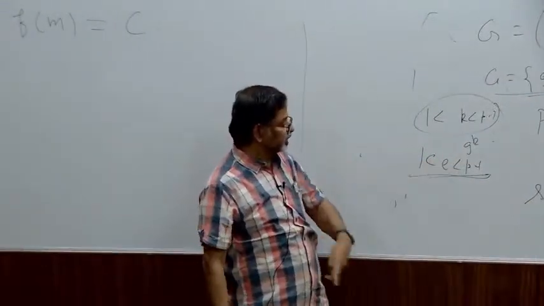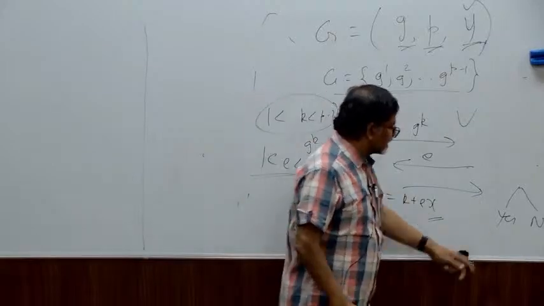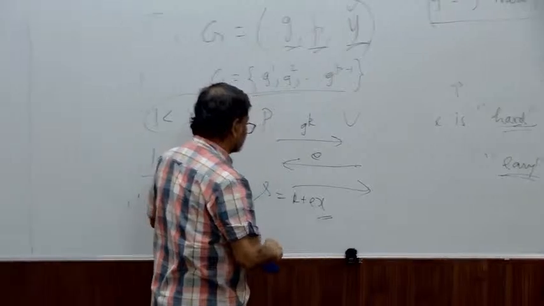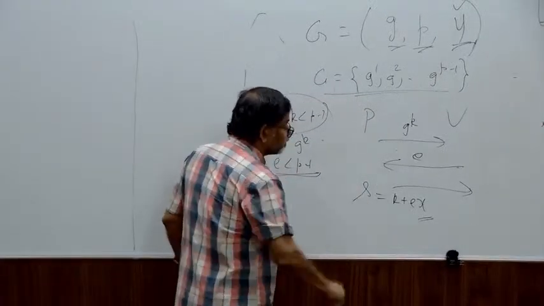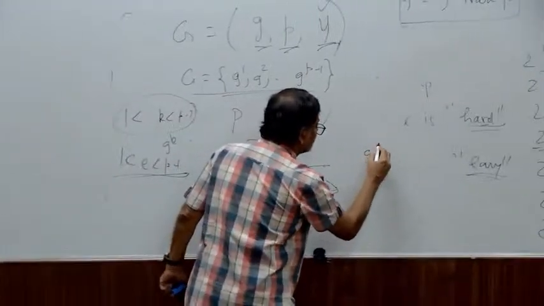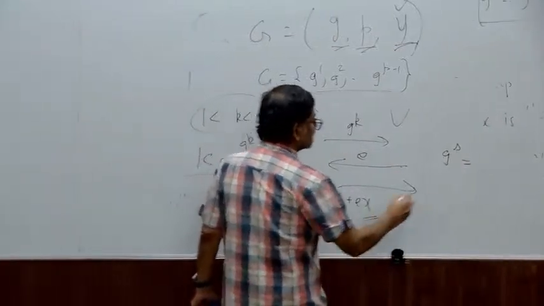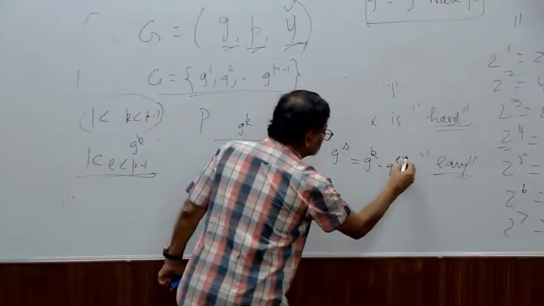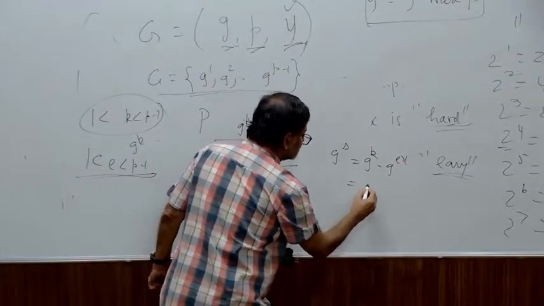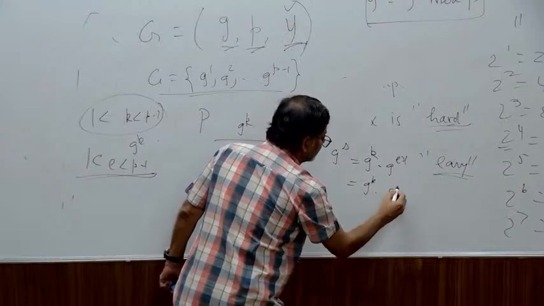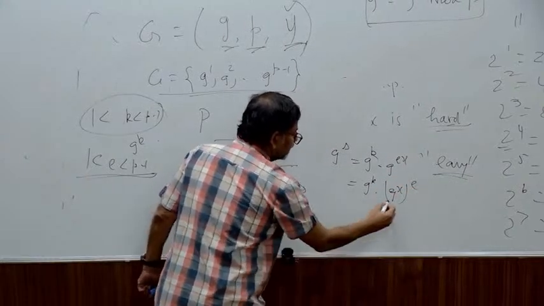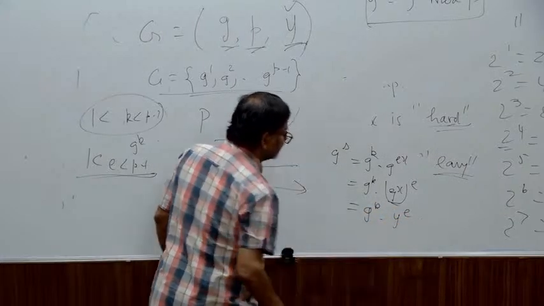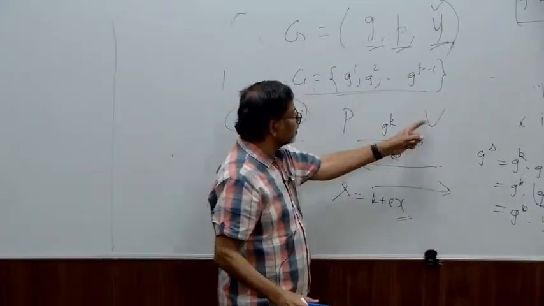Now this protocol is played. s is sent. Now, what is the verification that is done? The verification at the other end is, look, what is the property of s? What is g power s? g power s is g power k times g power e x, mathematically that is equal to g power k times g power x whole power e, and g power x is y, so g power s is g power k times y power e. g power k is known to the verifier.